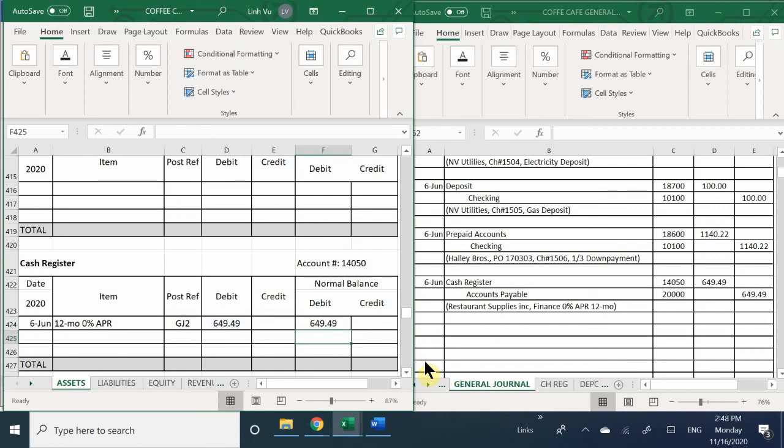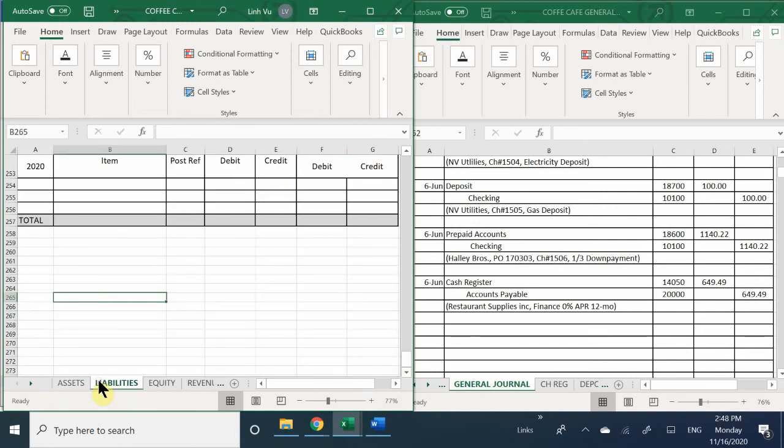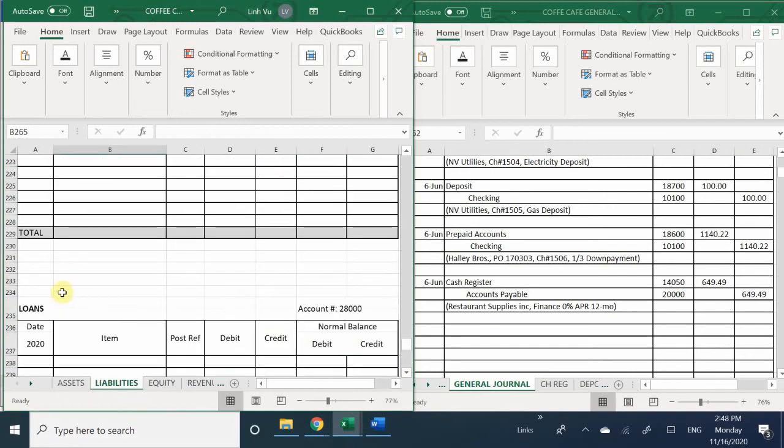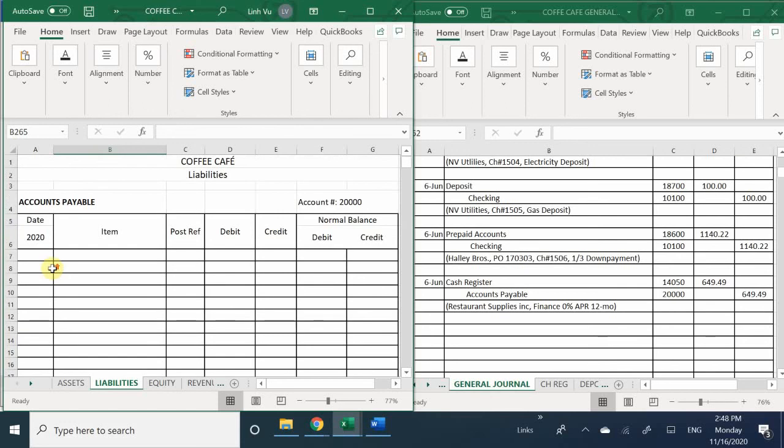Okay. And then we also have to dive into our first accounts payable, our first liability that we encountered. All right, so the first account on the page of liabilities is your accounts payable for 6/6 items. You can write whatever you want. You can write that you purchased a cash register.